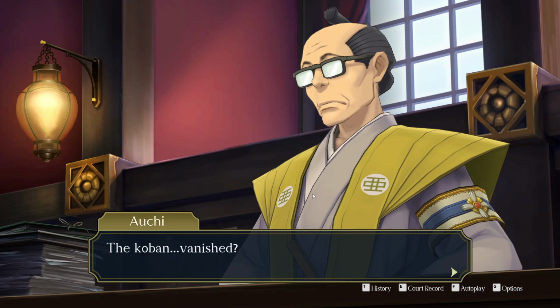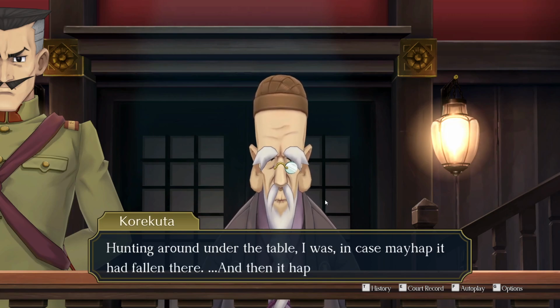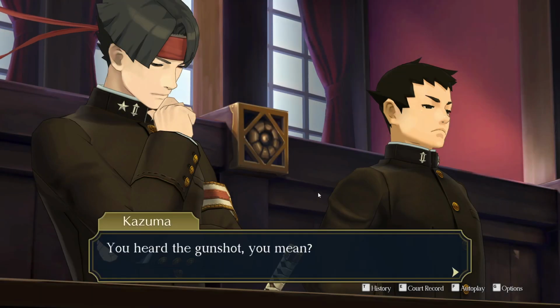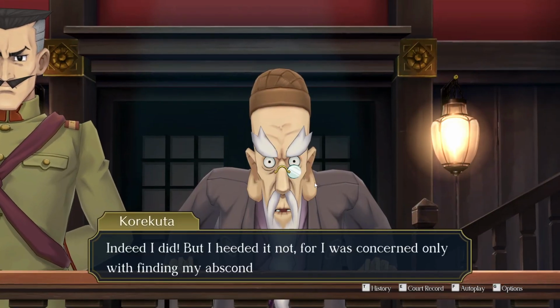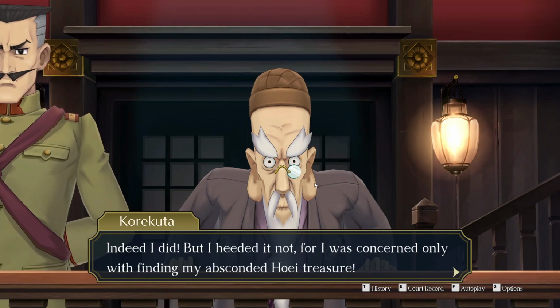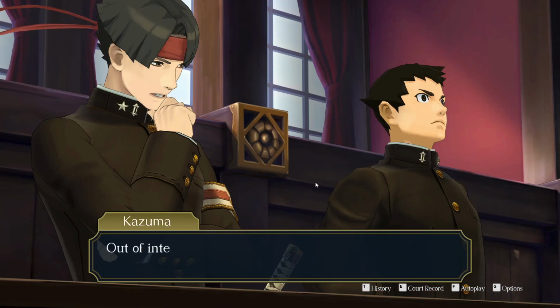The Koban vanished? Hunting around under the table, I was, in case mayhap it had fallen there. And then it happened. You heard the gunshot, you mean? Indeed I did, but I heeded it not, for I was concerned only with finding my absconded Hoy treasure. Nothing could distract me.